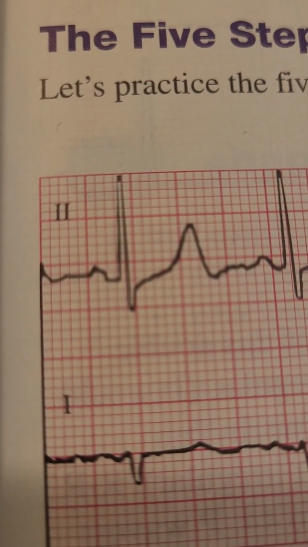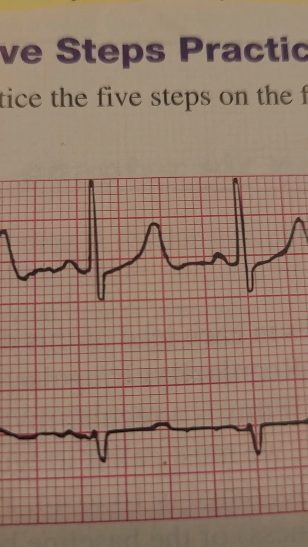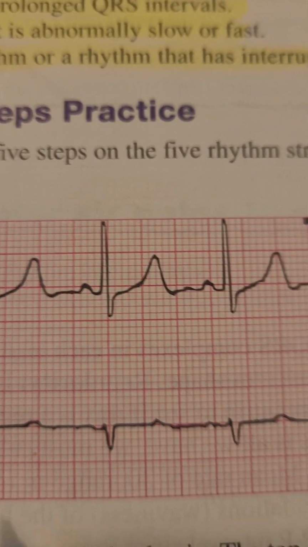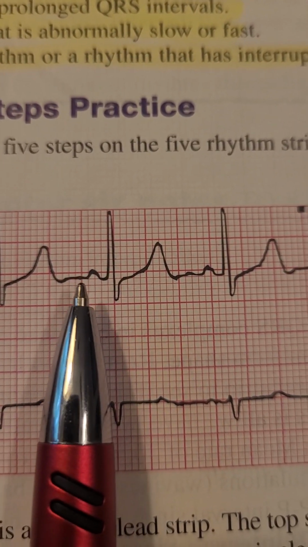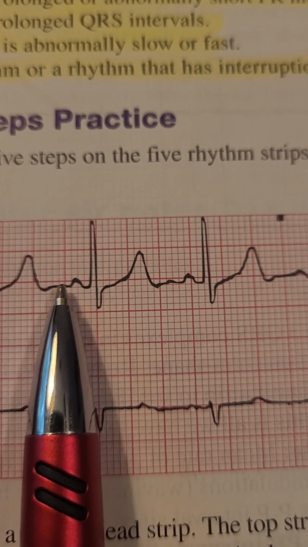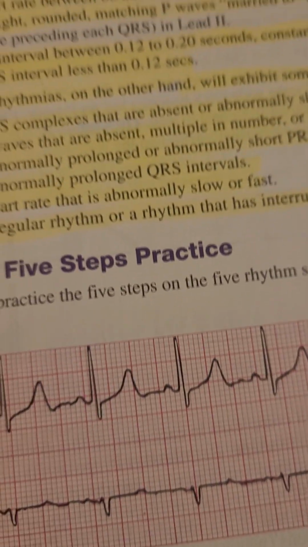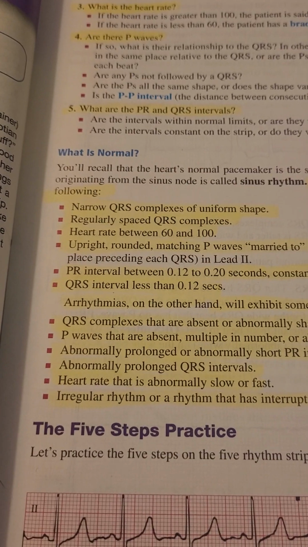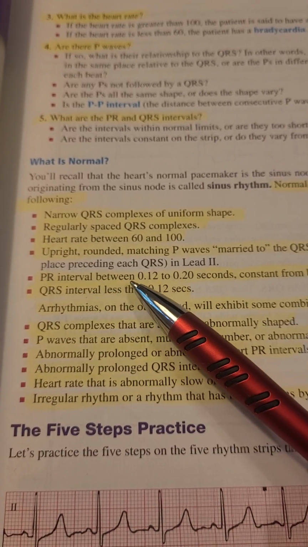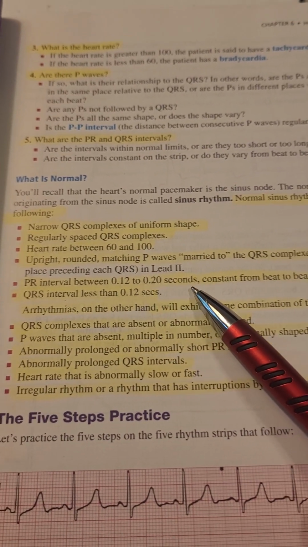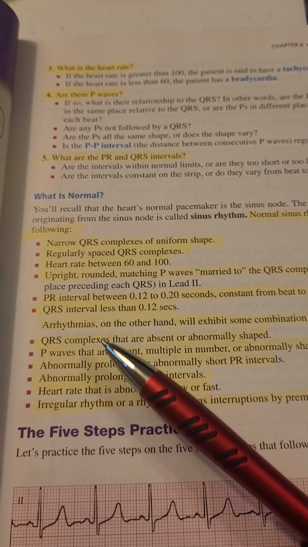They should be the same. If it's longer, then there's a problem, and it has a name for that. But a normal one should be between 0.12 to 0.20 seconds, constant beat to beat.